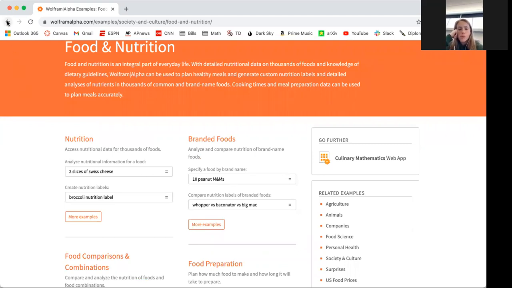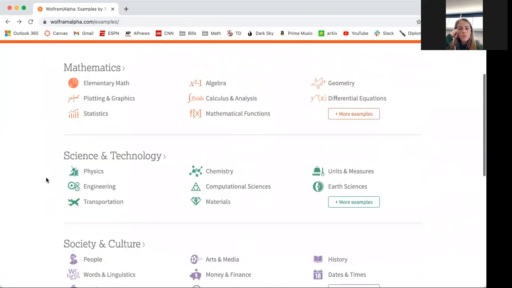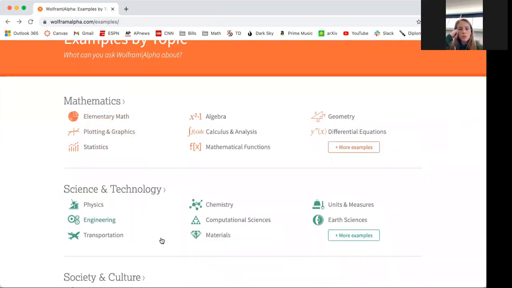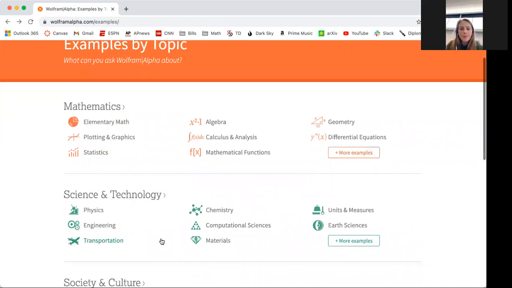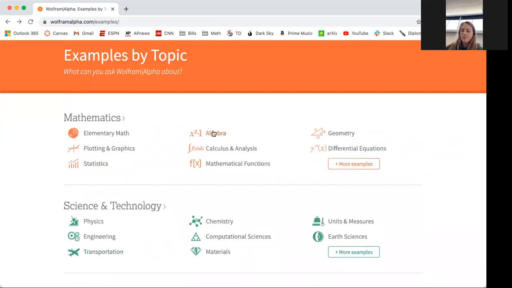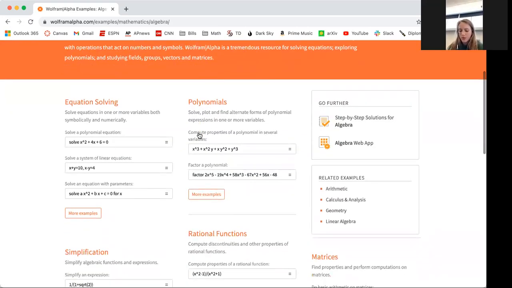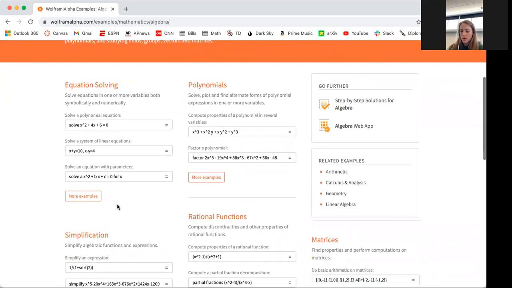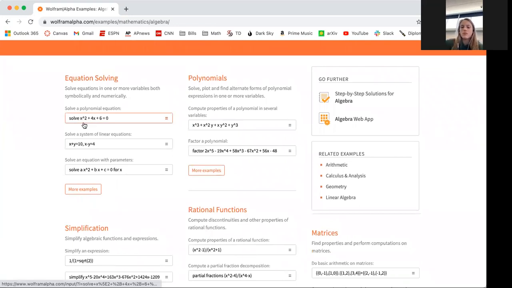So it tries to be really comprehensive, but where it really shines is in some of these mathematical tools. And so if we were wanting to know what kind of algebra it can do, it has things like solving equations. And here this would let us see how I write solve this equation: have the equation and write solve as the command in there.